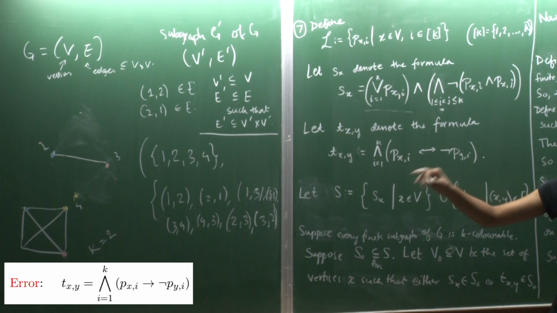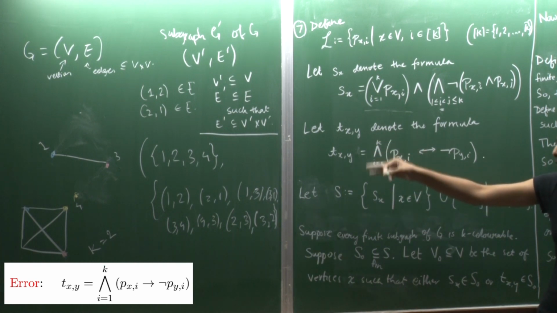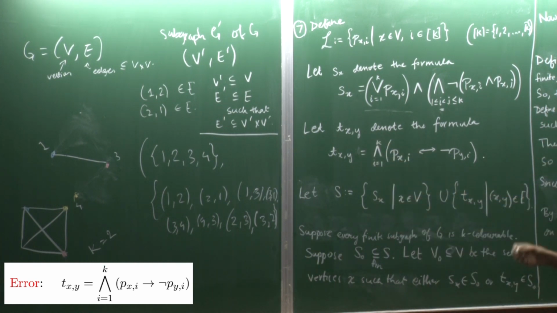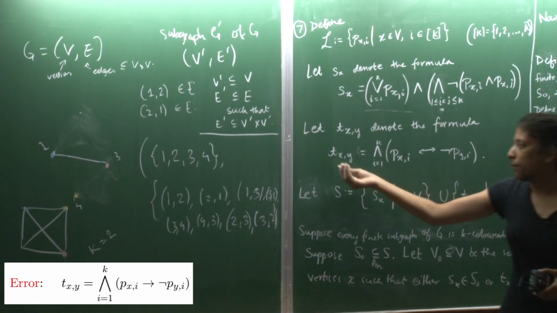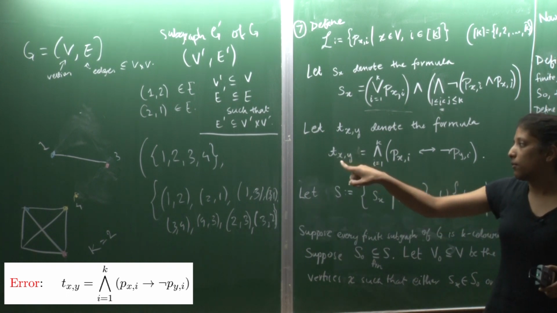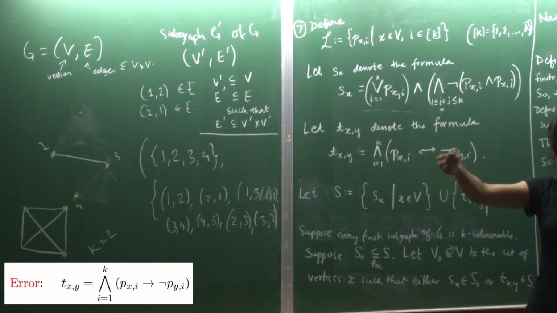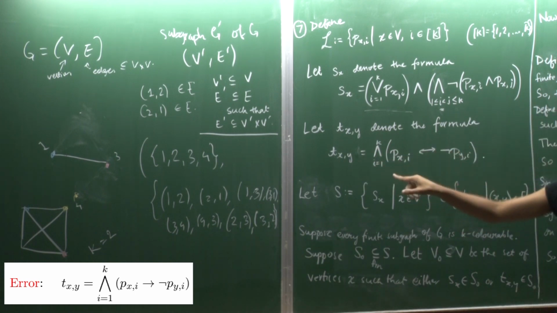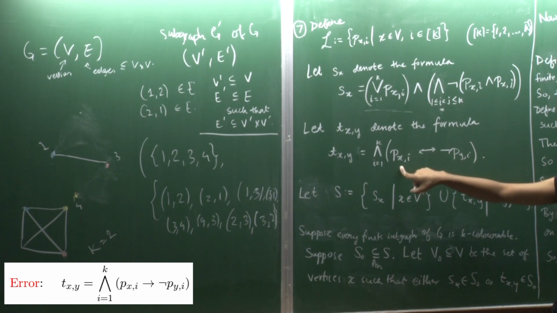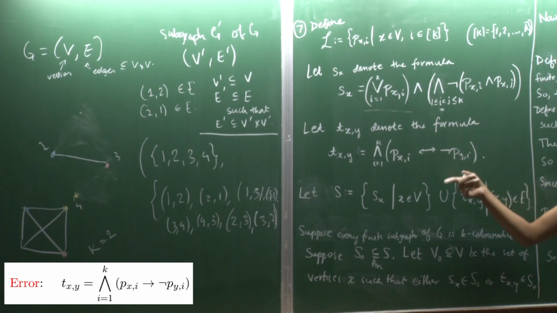And you define this for all, I mean, I haven't even said what it's defined for, but we'll come to that later. Intuitively, what you should think of this is that if x and y are endpoints of an edge, then for each color, x receives a color if and only if y doesn't receive that color, or vice versa, right?